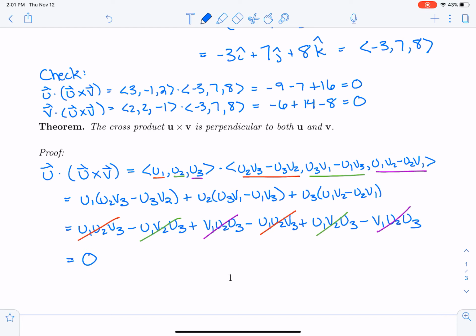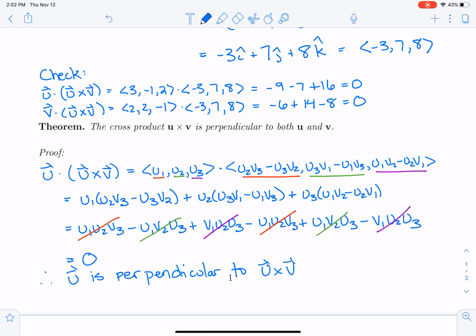Okay, so therefore, u is perpendicular to u cross v. And if you wanted to do the same thing for v, you can also do the same thing for v.